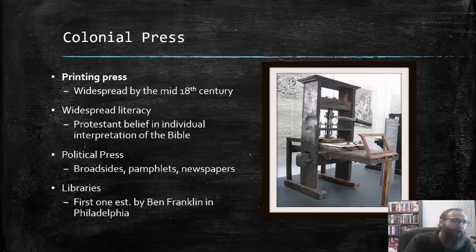The political press was ever increasing as the 18th century progressed and printed out a whole plethora of broadsides, pamphlets, and newspapers that an ever-interested public ate up voraciously. Also, this time saw the establishment of some of the first libraries in North America, with the first one actually established by Benjamin Franklin in Philadelphia in the early 18th century.